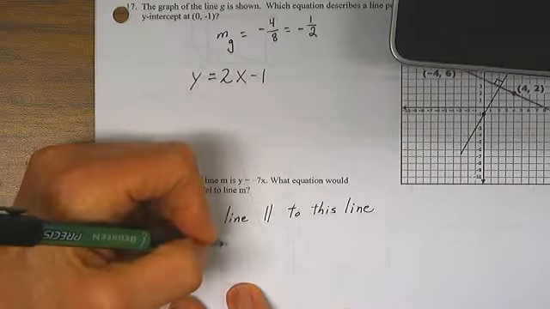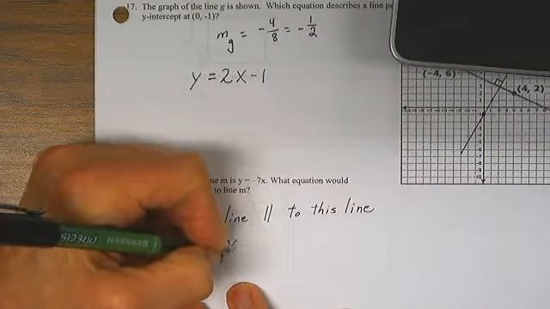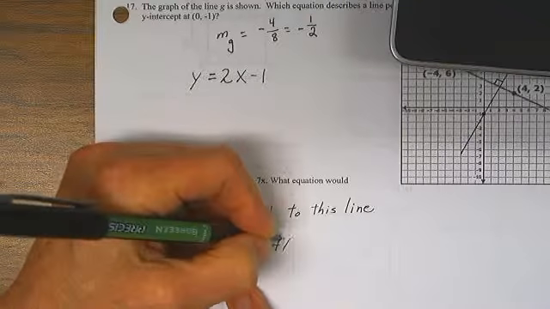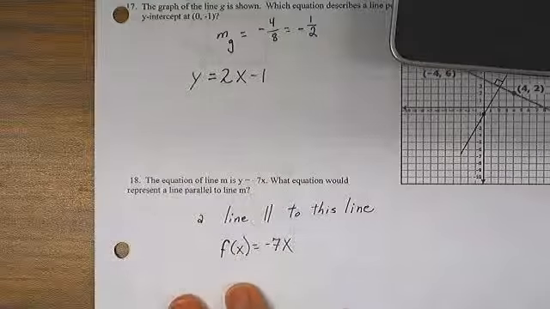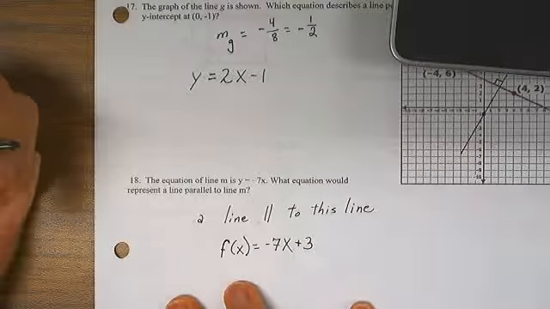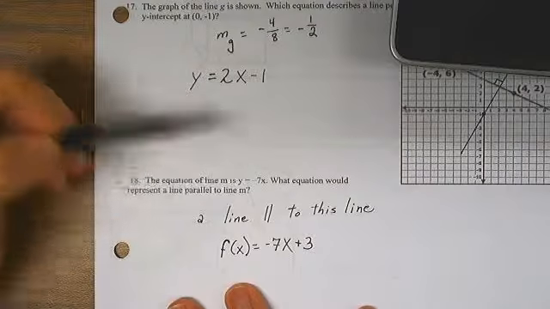So f of x might be equal to negative 7x, and any y-intercept you like that is not 0, plus 3. That represents a line parallel to this line. Good.